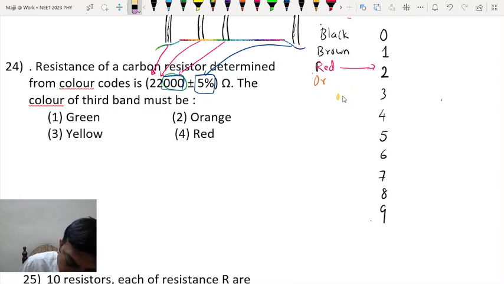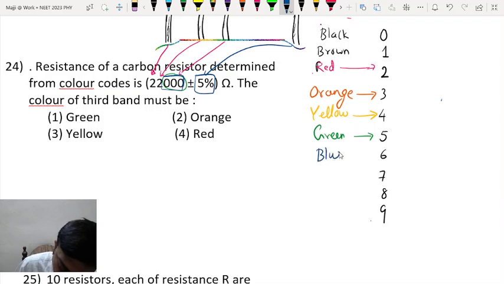I write the numbers next to them. Orange denotes 3, then yellow denotes 4, then green denotes 5, then you have blue, which represents 6, then violet, which indicates 7, then you have gray indicating 8, and white, which denotes 9.